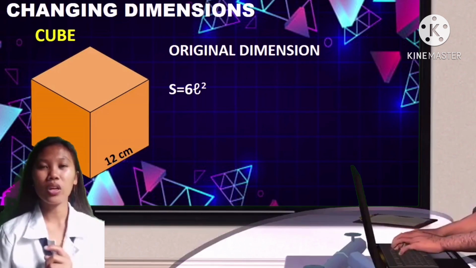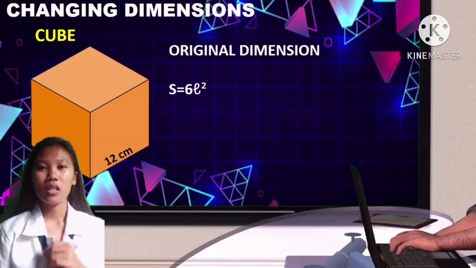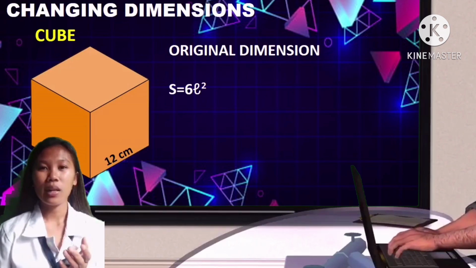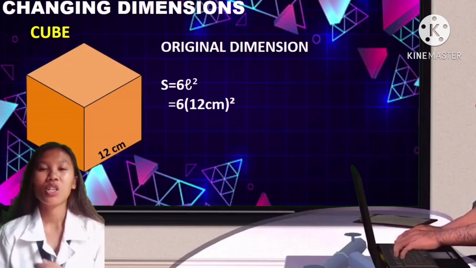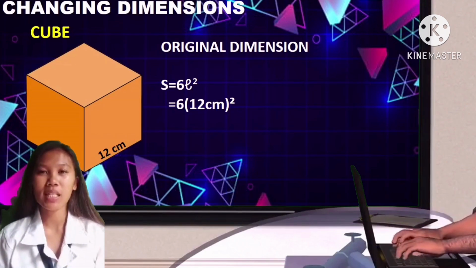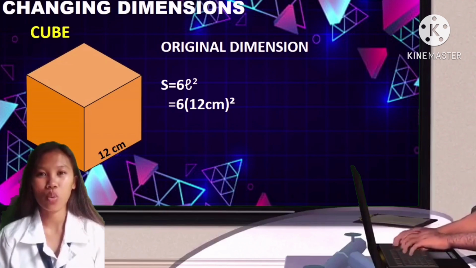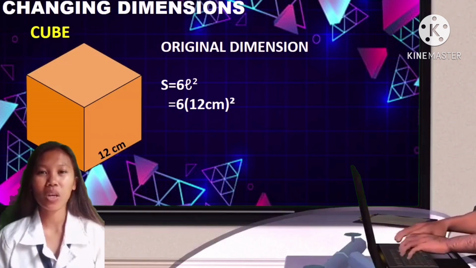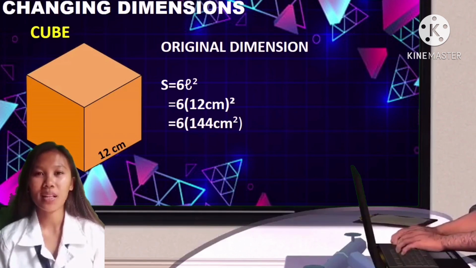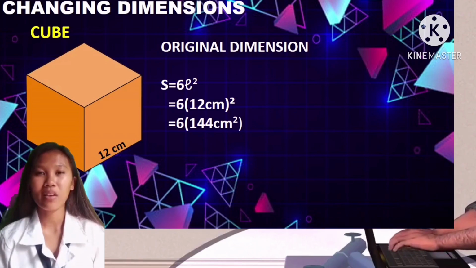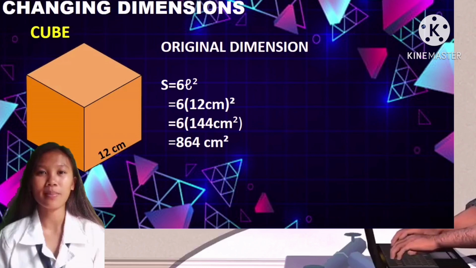The formula that we are going to use is surface area equals 6 times length squared. Then we substitute. Surface area equals 6 times 12 squared. 12 squared is equal to 144, so 6 times 144. The surface area is equal to 864 centimeters squared.